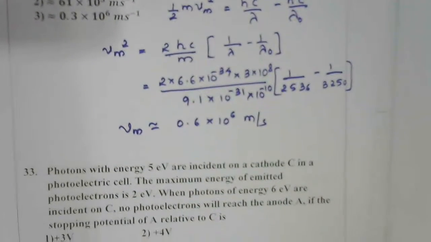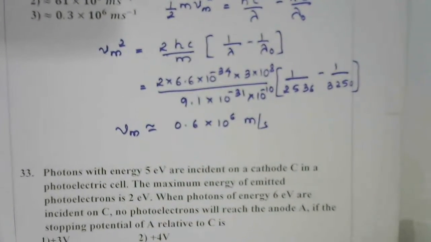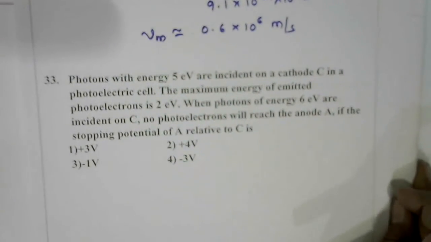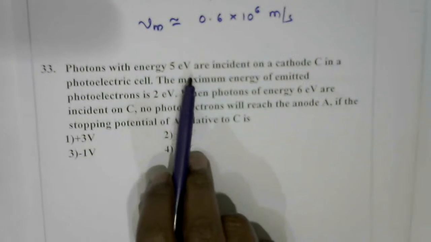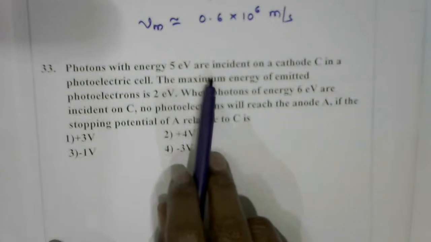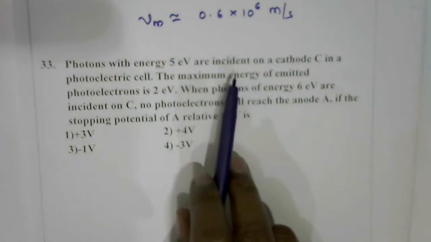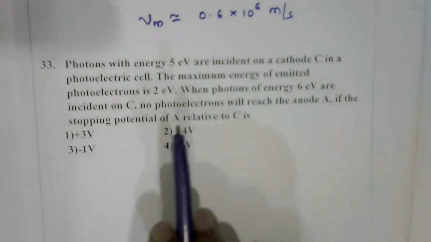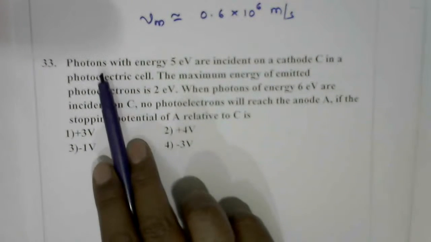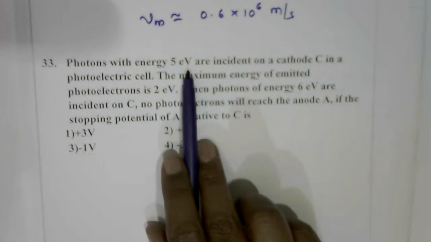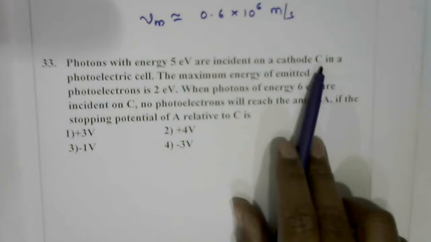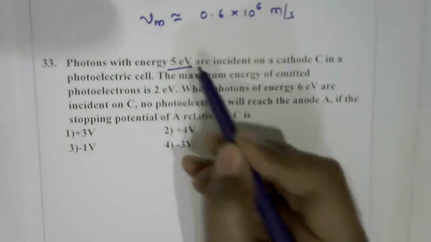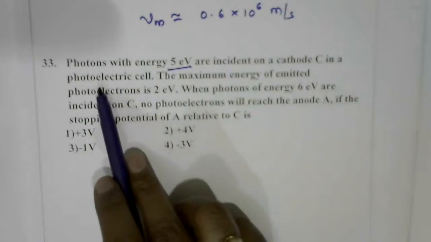So the next question we have is: photons with energy 5 electron volt are incident. I think some of you have calculated already. Abhi is telling option A. Yes, sir, correct. Photons with energy 5 electron volt are incident on a cathode C, that is the emitter electrode, in a photoelectric cell.